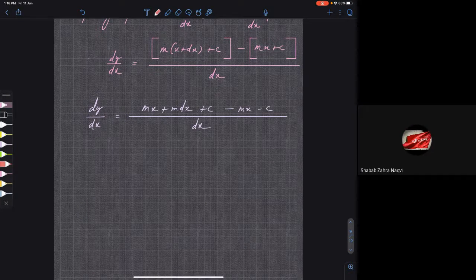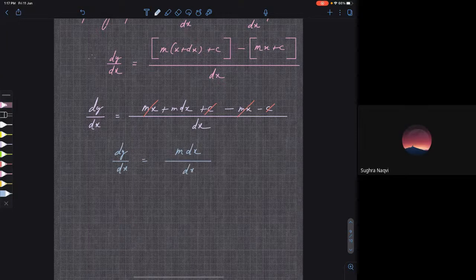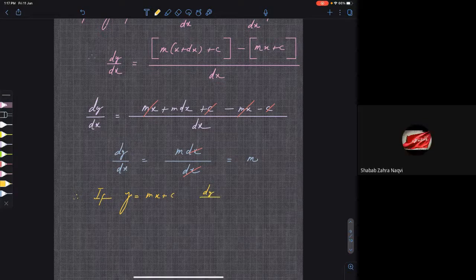What will cancel? mx will cancel. c will cancel. So what is remaining? Only m dx by dx. So what is dy by dx? m. Therefore, if y is equal to mx plus c, dy by dx is equal to m. Are you getting my point?